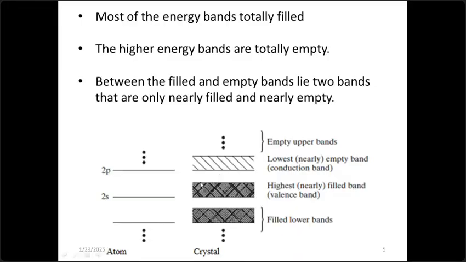So an electron moves from the valence band, leaves behind a hole in the valence band, and the electron sits in the conduction band. I don't know whether that is clear. The movement of an electron creates a hole. So we expect to find holes in the valence band and electrons in the conduction band.